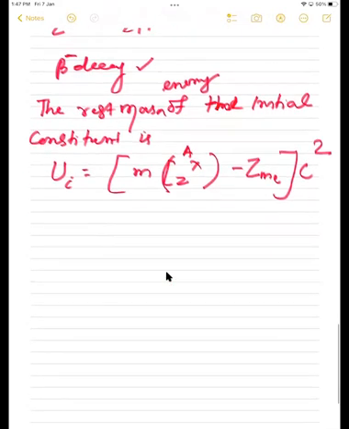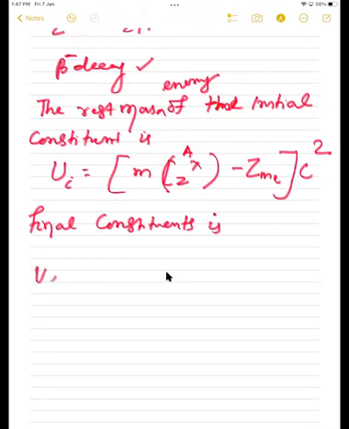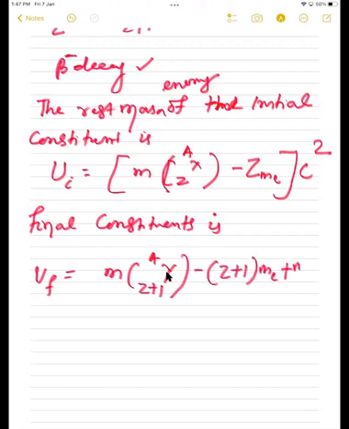Then the final constituent: Uf is equal to the mass of Y (Z plus 1, A) minus (Z plus 1) times me, plus me, into c square.